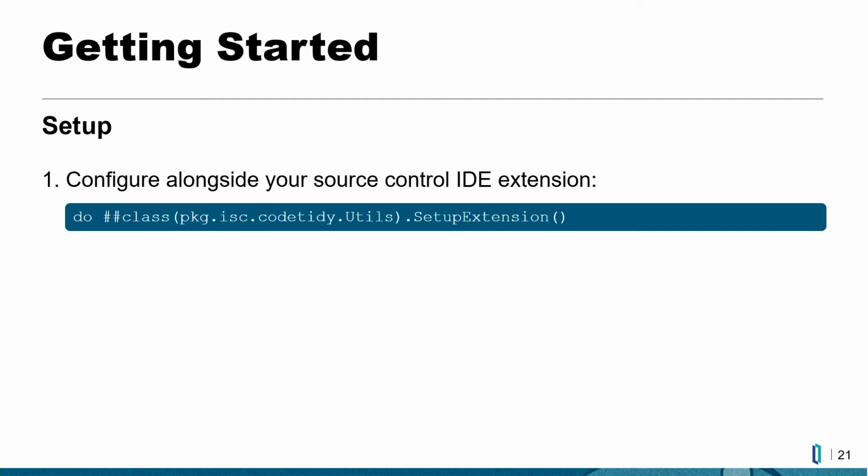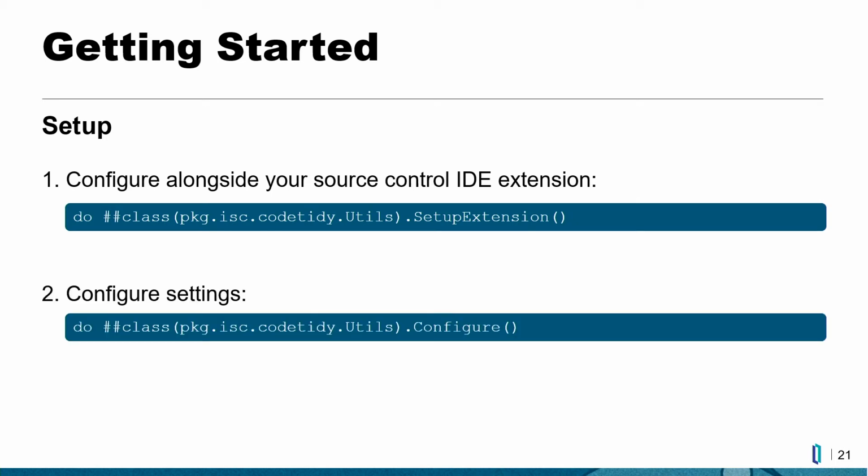You'll get both menus, a menu for your source control extension and also a menu for CodeTidy specifically, and both behave at the same time. The first method just says, set this as the source control class for the namespace alongside the existing source control class if there is one. And then you can configure settings for it to say exactly what things you want to do to make your code prettier.